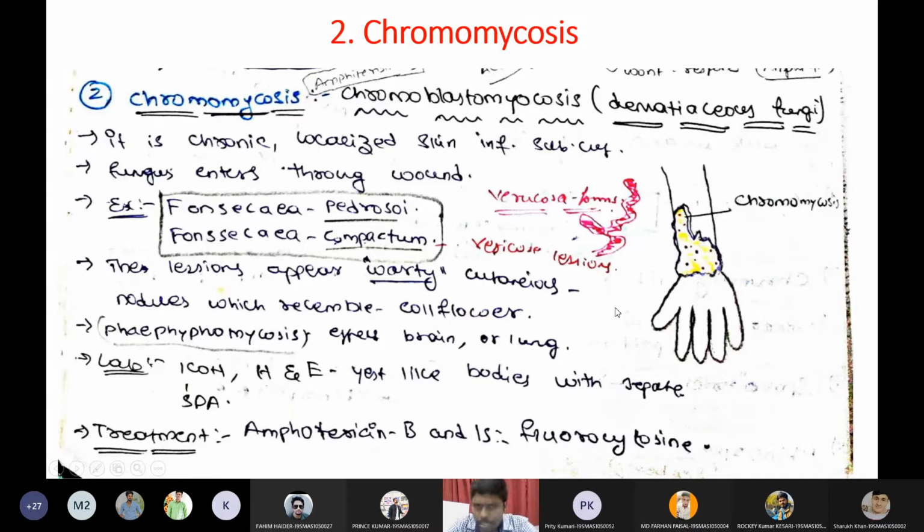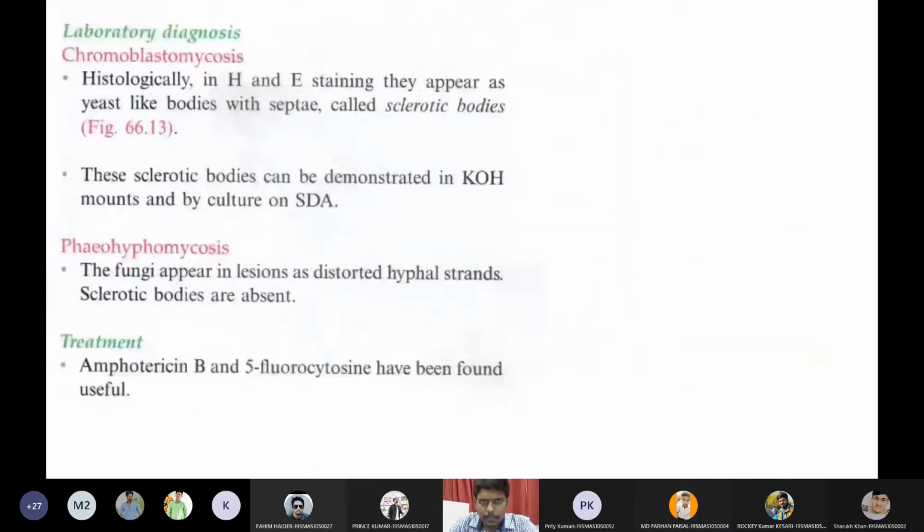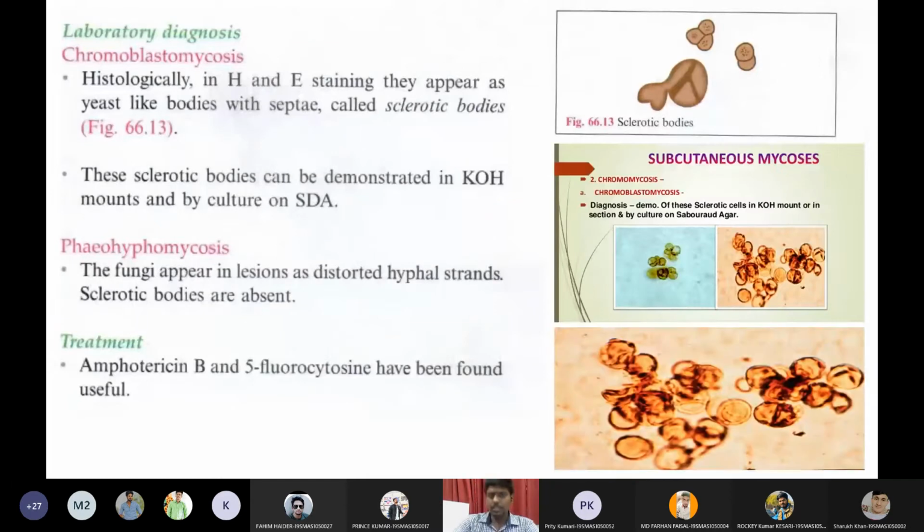The lab diagnosis of chromomycosis includes KOH and H&E staining, and in the KOH you will see various types of morphology that I will show. In the KOH preparation, you can identify sclerotic bodies. The presence of sclerotic bodies is a characteristic feature to identify this particular chromomycotic infection.